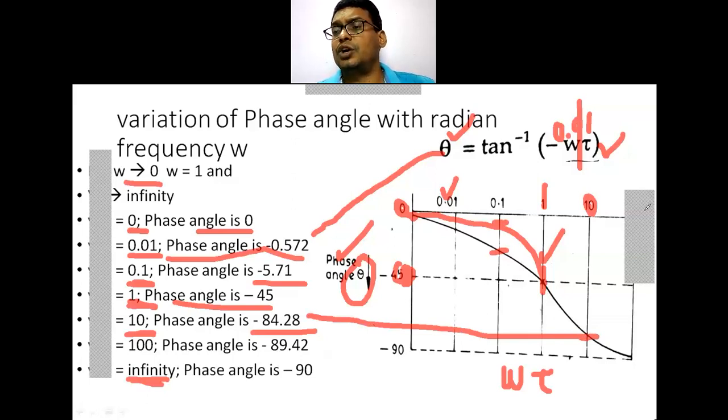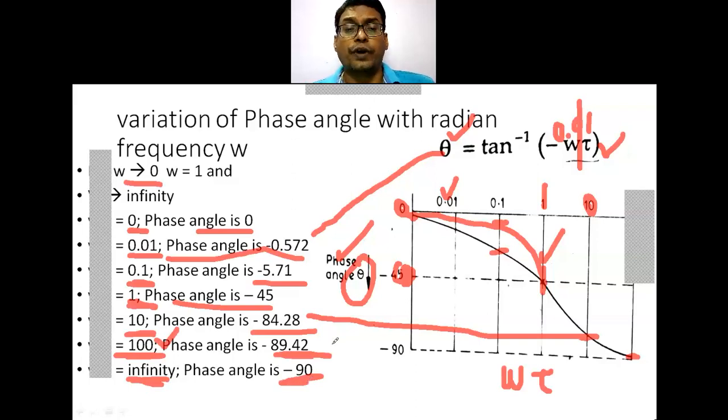Then towards 100, the omega tau value, the phase angle comes as minus 89.42. Now if I substitute omega tau as infinity, the phase angle comes as minus 90 only.